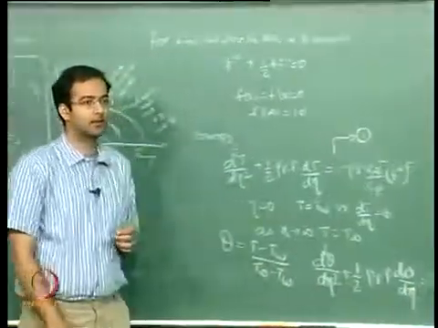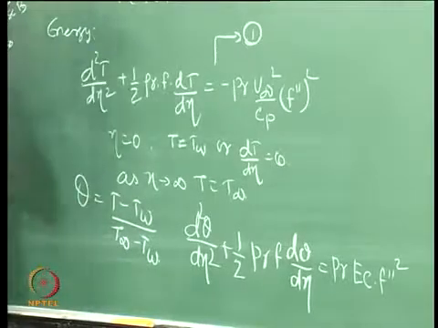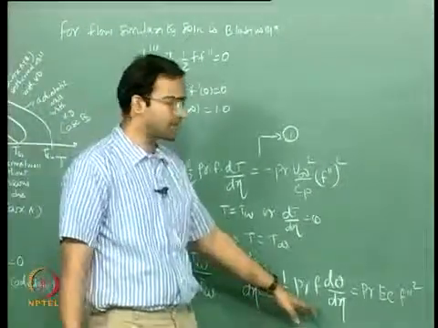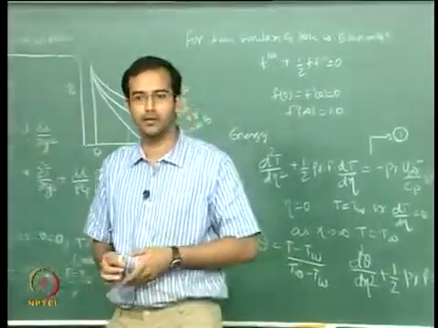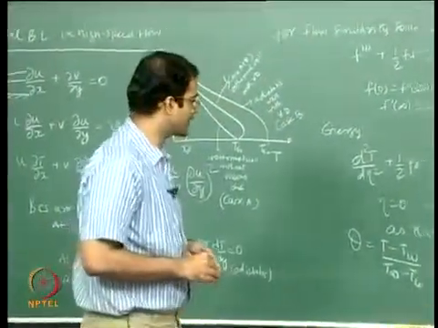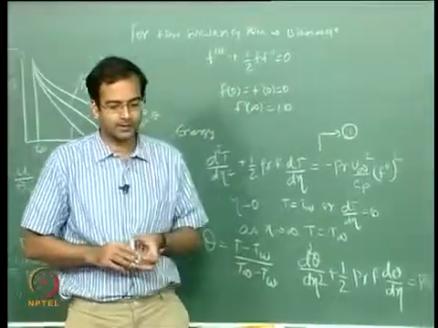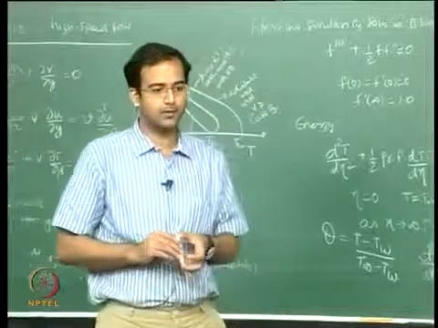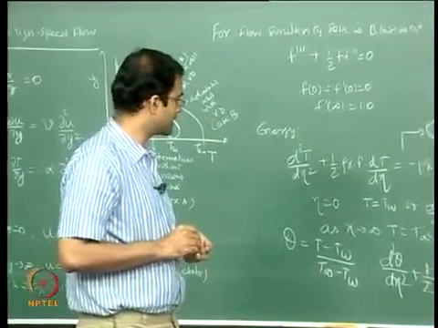Okay, so this will become your non-dimensional form in terms of theta defined this way. Of course you can solve this by shooting technique just like any other ODE that you had seen before, and you can get the solution for theta. But we are not interested only in getting the temperature profile or the slope of the temperature at the wall.